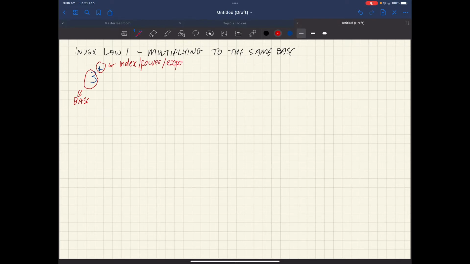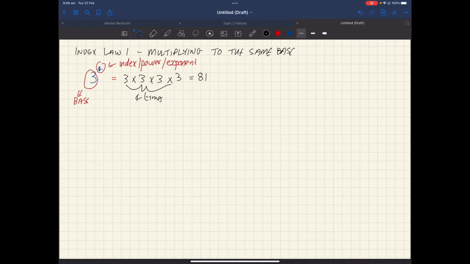Those words mean the same thing. We have looked at before writing this in expanded form. 3 to the power of 4 means 3 times 3 times 3 times 3, 4 times. This is equal to 81.